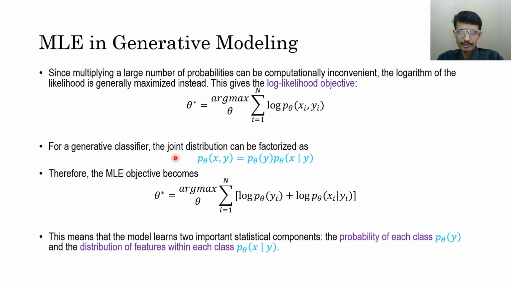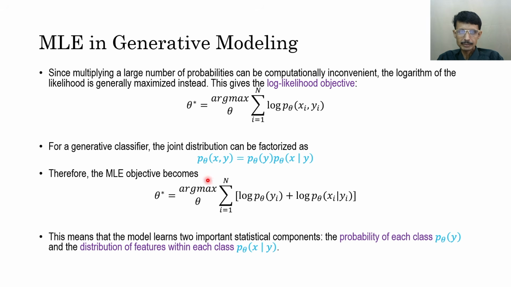So for a generative classifier, the joint distribution can be factorized as p theta x comma y, which we have seen before also: p theta y times p theta x given y. This is the class prior probability, the probability of each class, and this is the distribution of the feature within each class, the class conditional probability densities.